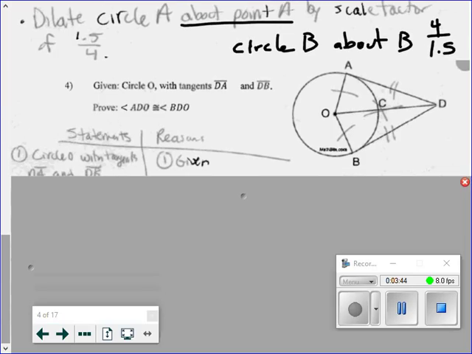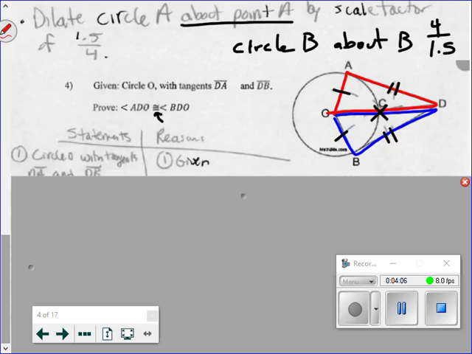Okay, and then this one, again, cues me that it's congruence. I used these two triangles. In them, I had the reflexive property, all radii are the same, all tangents are the same.